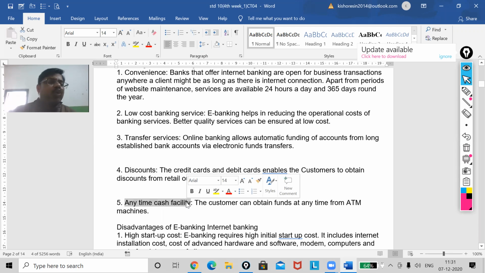You can go to your nearest ATM machine and withdraw. Understood? If it is physical payment, then you have to go to the ATM. No need to go to the bank, because the bank is open only for 6 or 7 hours. But after that, if you need money, how can you get it? There is only one source, that is the ATM machine. There you can use the credit card or debit card and withdraw your money.